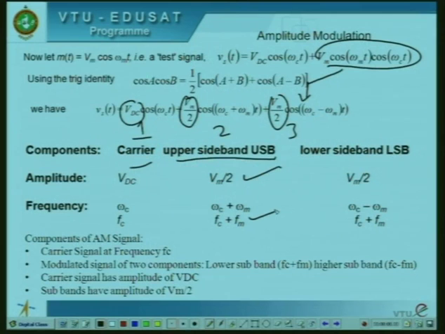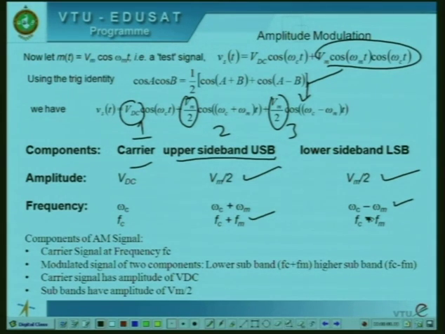The third component, called the lower sideband, has an amplitude of Vm by 2 and a lower frequency, omega c minus omega m, or rather, there is a mistake here, it is Fc minus Fm. These are the three components of an amplitude modulated signal. Let me summarize.